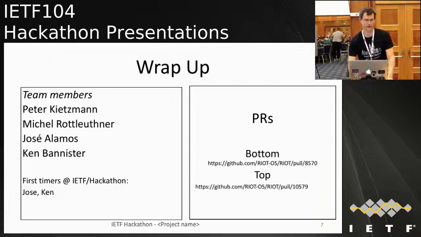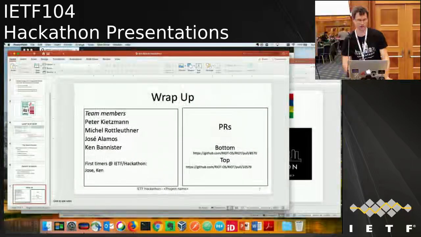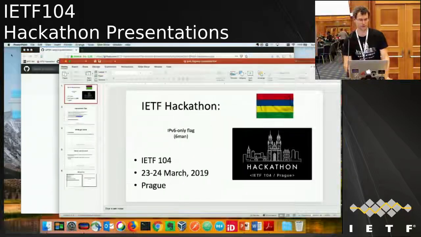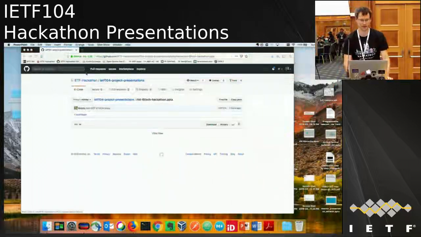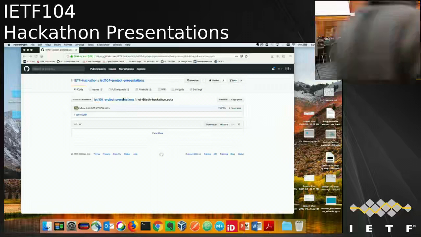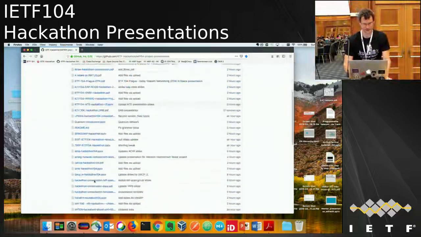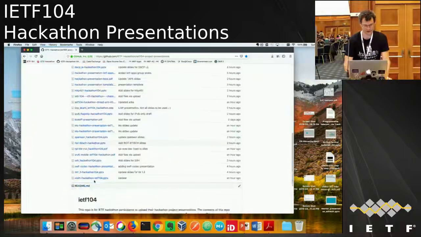Okay. Hey, I know Alex has a presentation he wants to get uploaded to the GitHub repo. I don't want to do that right now because I'm driving with my laptop here. If someone who has access can raise your hand and help Alex, he's in the red shirt back there, that'd be great. I would appreciate it. And let's get yours.